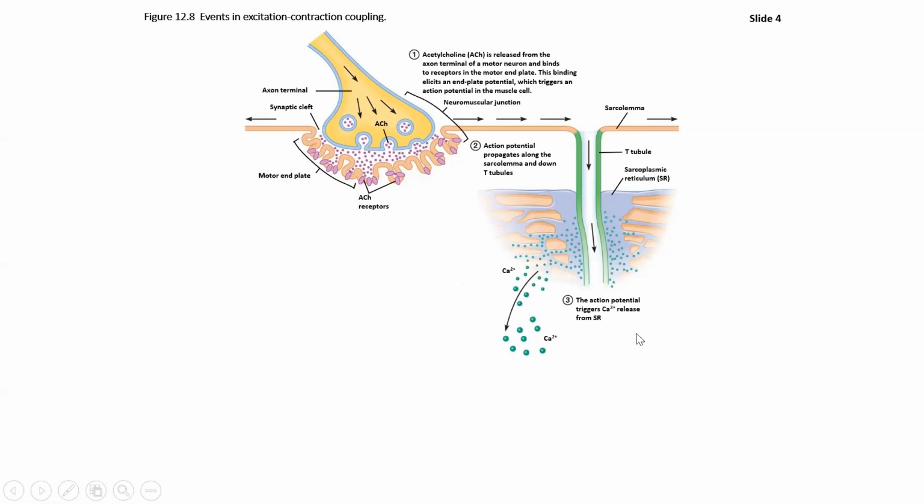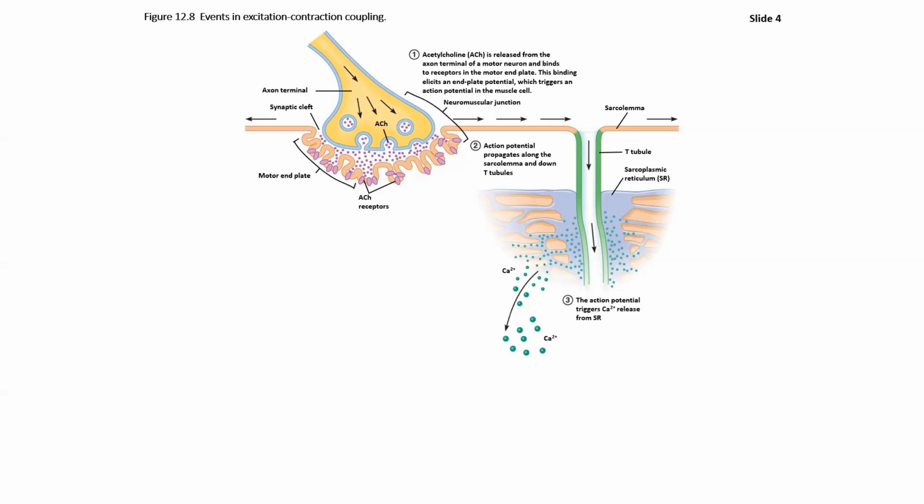The third step here is that the action potential is going to bind to receptors in the sarcoplasmic reticulum and trigger the release of calcium from the storage area, which is in the SR, out into the cytosol of the muscle fiber. So let's back up here a little bit. If we remember that the sarcoplasmic reticulum, which in muscle is the storage area for calcium, is where calcium is being stored, and this is why we don't have muscle contracting all the time.